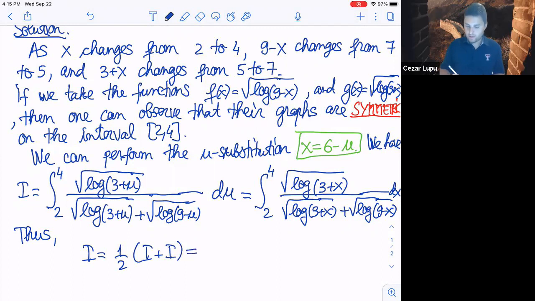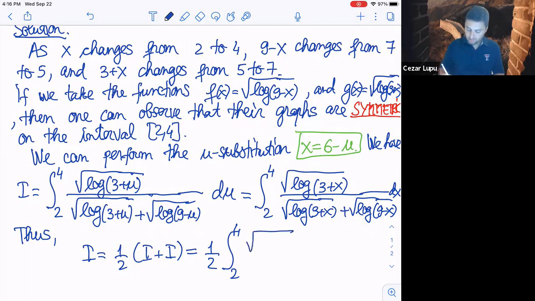Or if you want, we can write this as 1/2 times the integral from 2 to 4. We can add the integral by itself, and you'll see why I'm doing this.